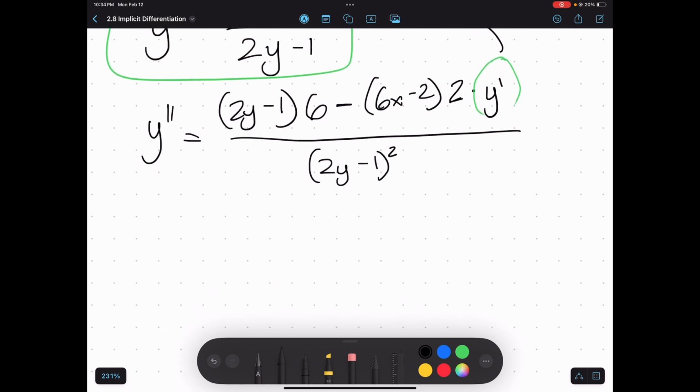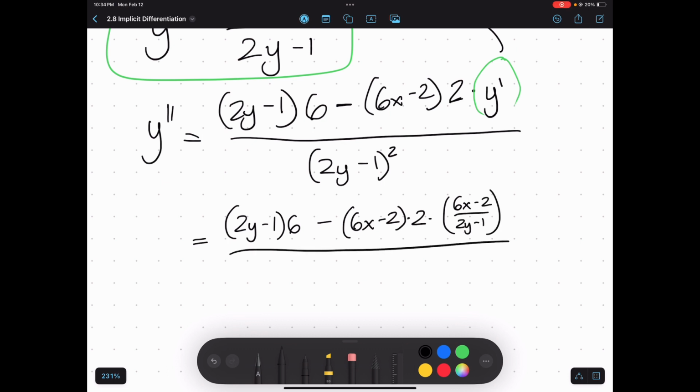So that means I can rewrite this as 2y minus 1 times 6. You'll notice I'm not simplifying, and that's on purpose. Minus 6x minus 2 times 2 times (6x minus 2) over (2y minus 1), all over (2y minus 1) squared. Now it's completely in terms of x and y.